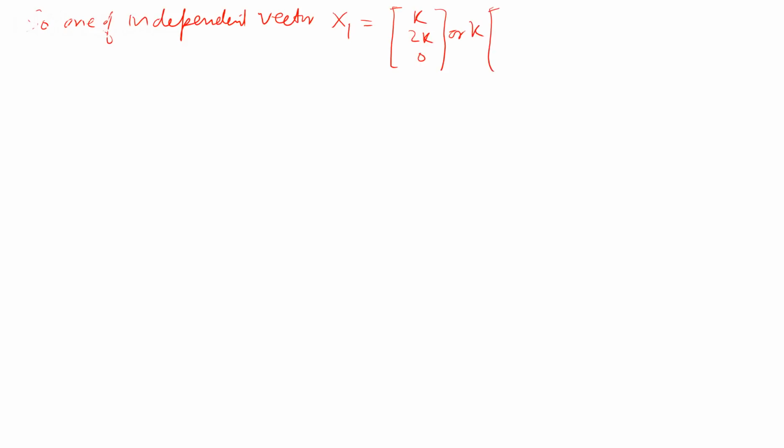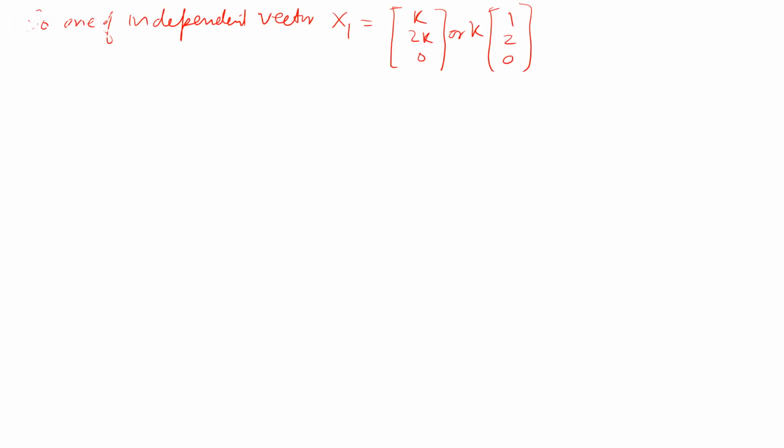So one independent vector is x1, which is k, 2k, 0, or 1, 2, 0.